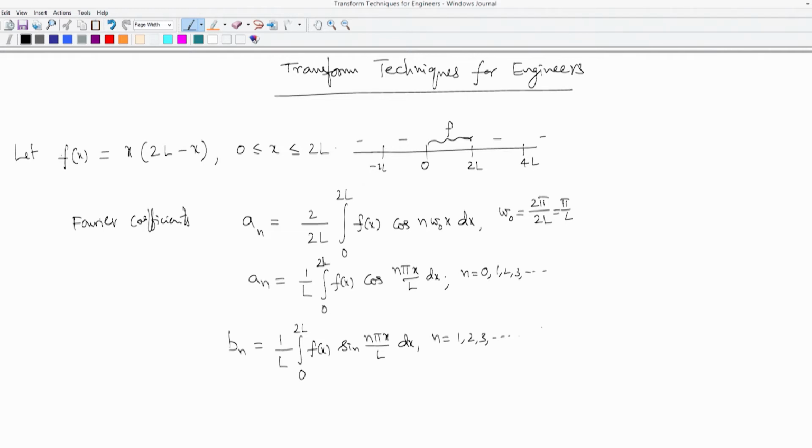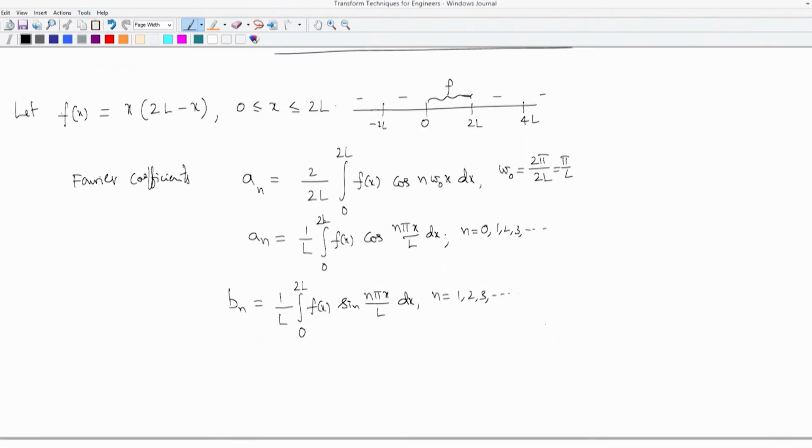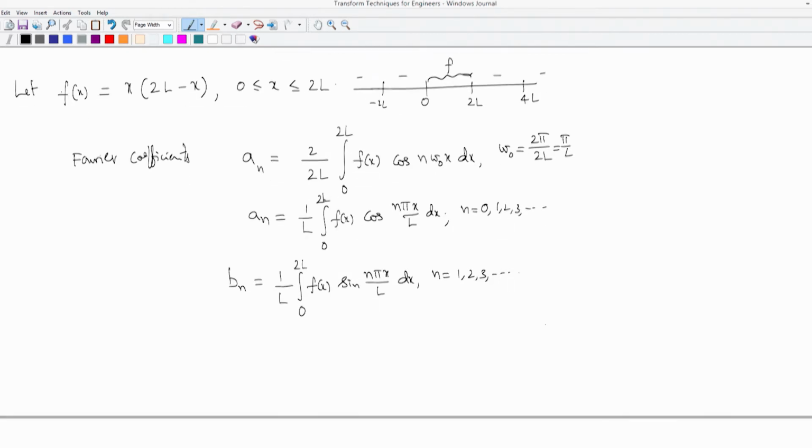We will calculate these Fourier coefficients for the function x(2L - x). Let us start with a_0. a_0 is 1/L times the integral from 0 to 2L of f(x) = x(2L - x).